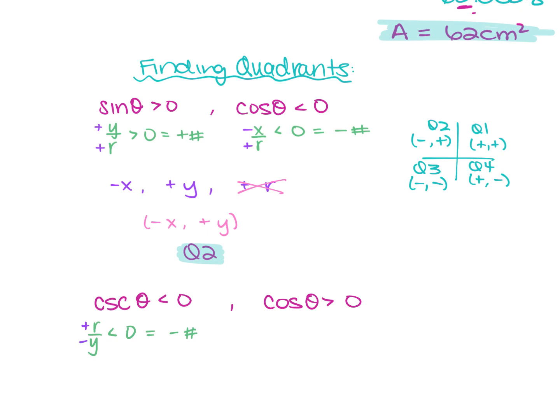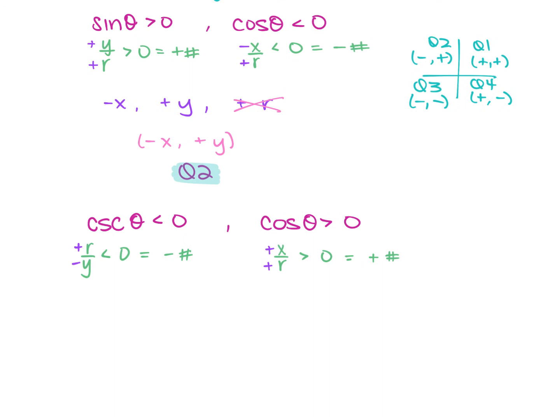Work with your cosine theta is greater than 0 now. If cosine is x over r, and that's greater than 0, that means we're going to end up with a positive fraction. Which means, since r is automatically positive, x then also has to be positive. So again, identify everything that you have.